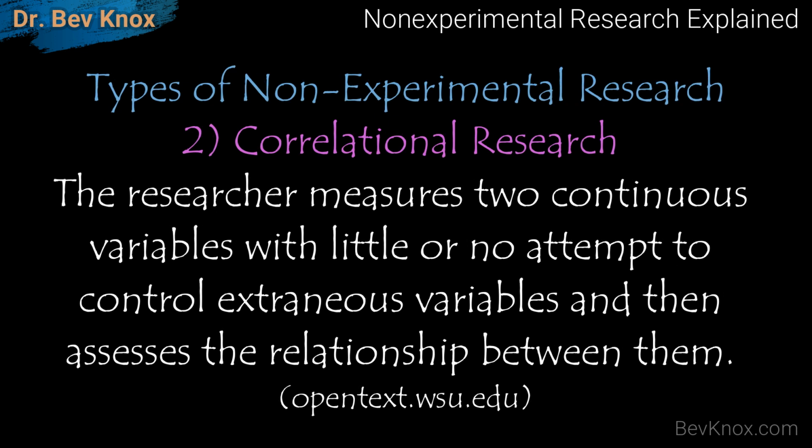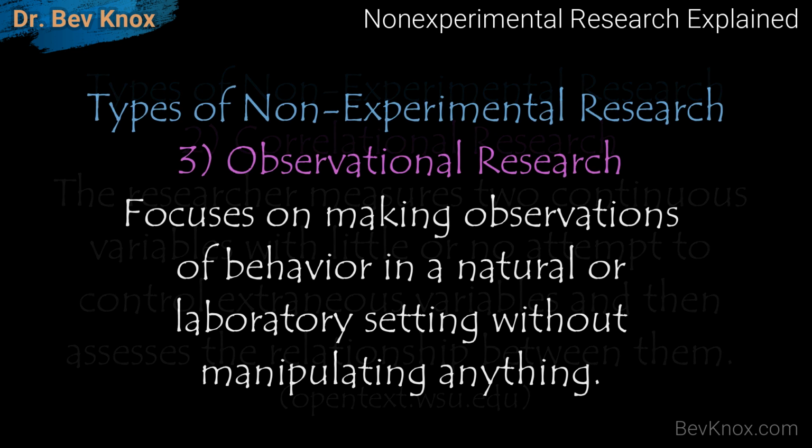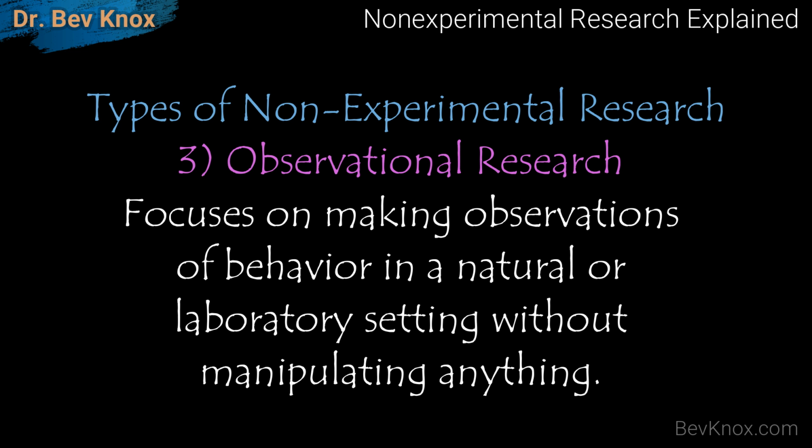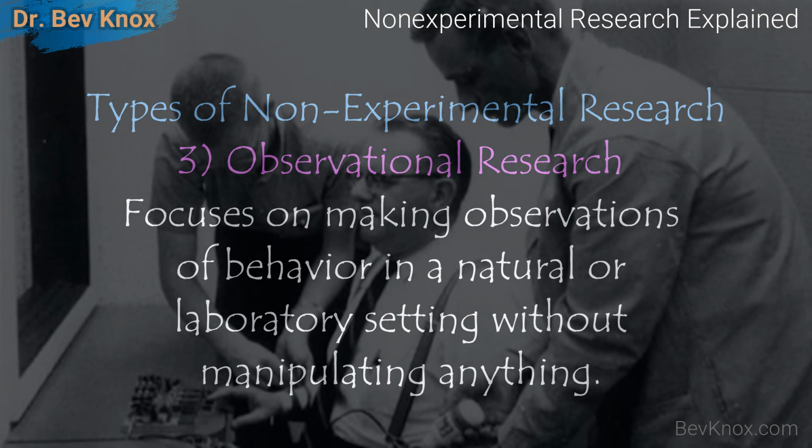More specifically, in correlational research, the researcher measures two continuous variables with little or no attempt to control extraneous variables and then assesses the relationship between them. Observational research is non-experimental because it focuses on making observations of behavior in its natural or laboratory setting without manipulating anything.